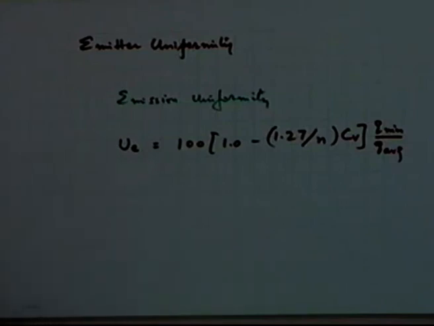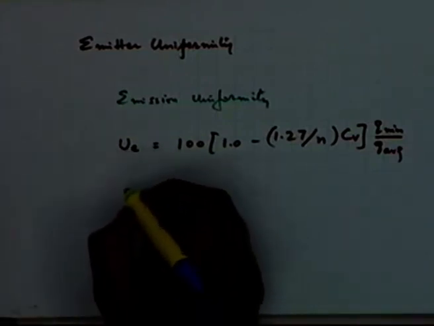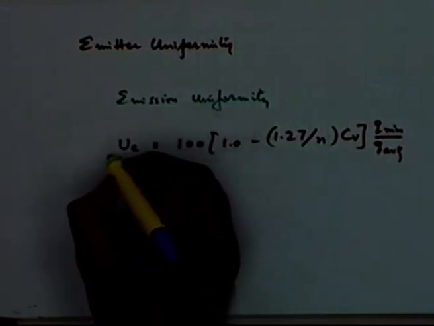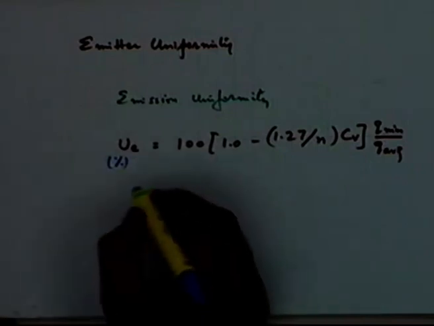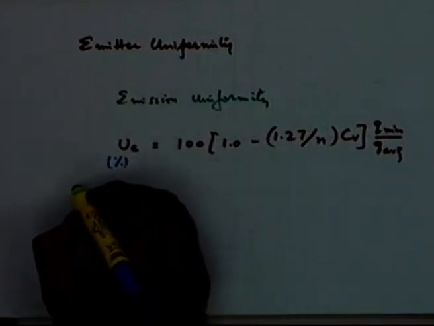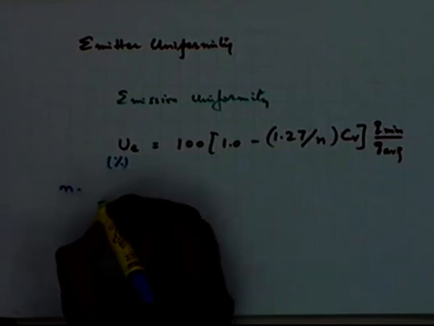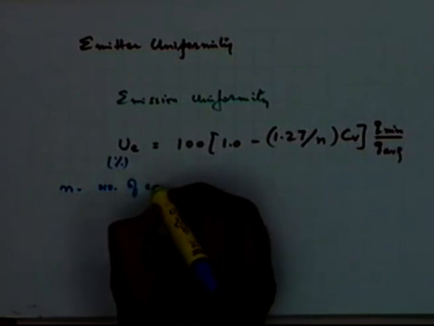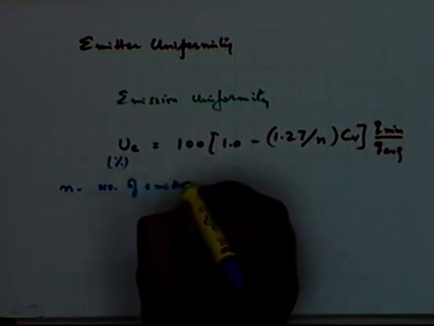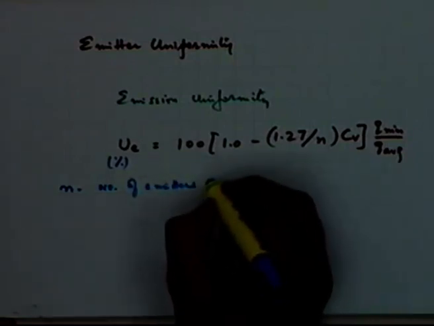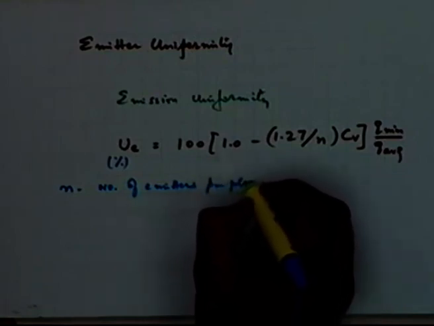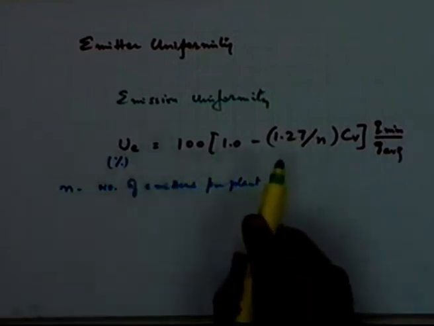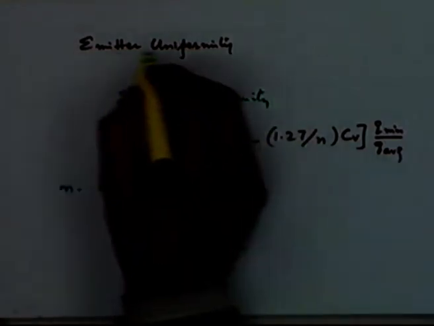The various terms which are used here: UE is the emission uniformity in percentage, and N is the number of emitters per plant. Let me tell you that this is the uniformity of discharge along a lateral.